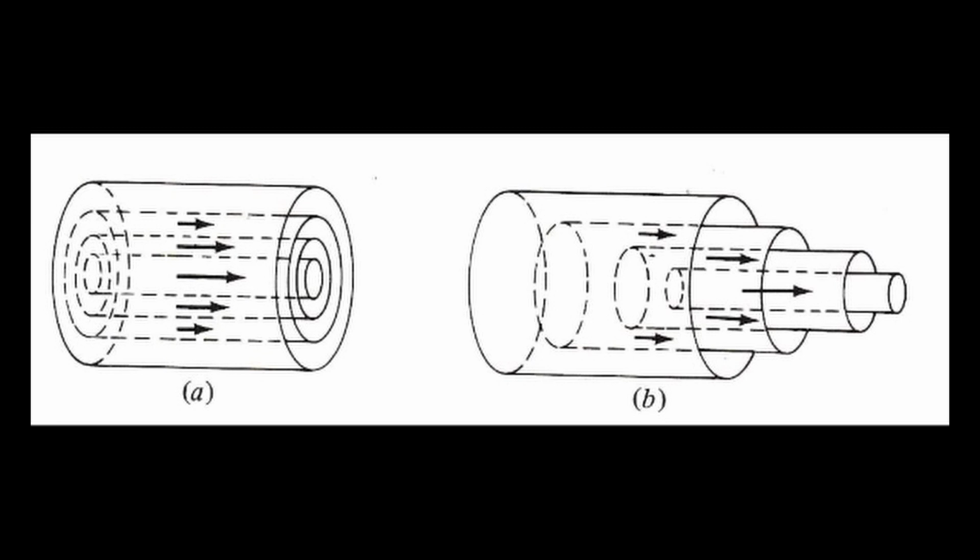A streamline is an imaginary line with no flow normal to it, only along it. When the flow is laminar, the streamlines are parallel and flow is made up of parallel laminar layers. In a pipe, these laminar layers are cylindrical and may be called stream tubes, as you can see from the diagram above.